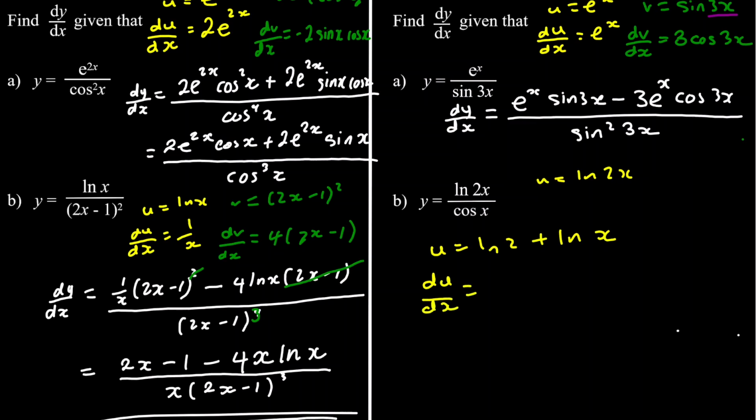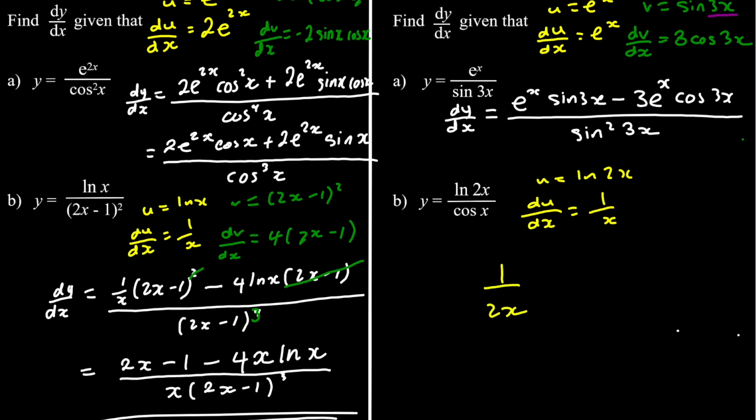It's got no gradient. Du dx is 1 over x. We could also say it's 1 over 2x times by the bracket differentiated, which is 2, and then it's just 1 over x.